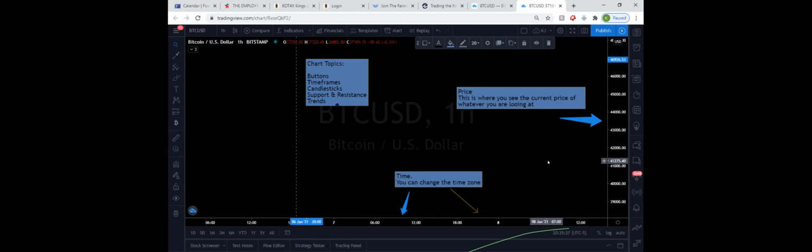So tradingview.com, this is where the chart comes from whenever you're looking at Mr. Levels' charts. If you have a broker that is regulated in the US, I will go over that another time, but if you have a broker based here in the United States, when you type in the name of whatever you want to trade up here in the top left-hand corner, it will bring up a list of charts based on the name of that broker.